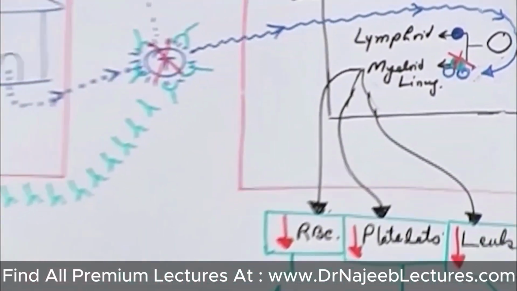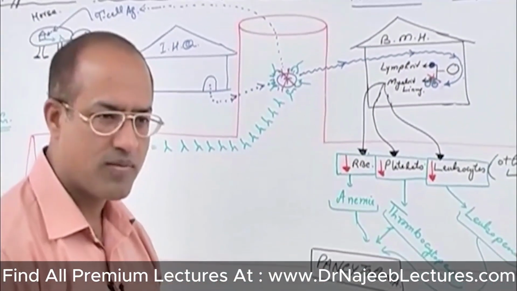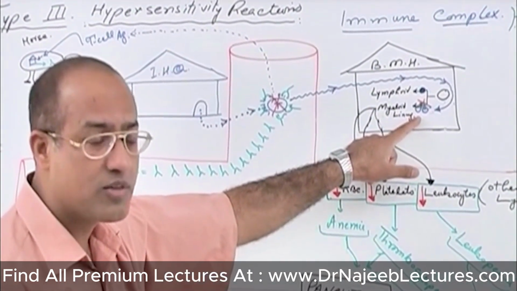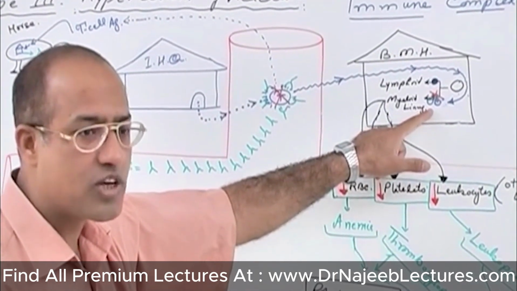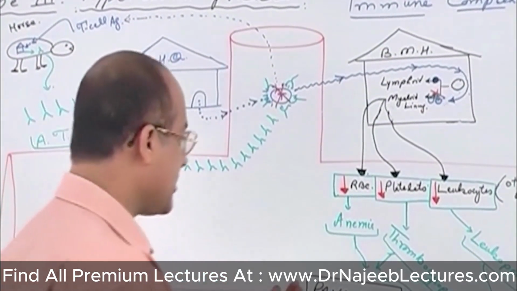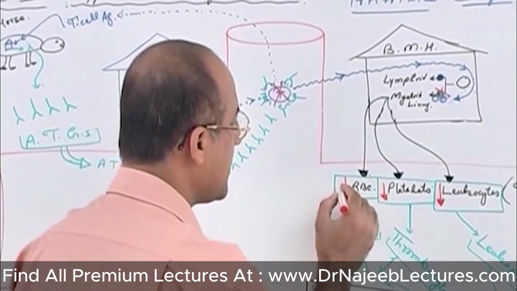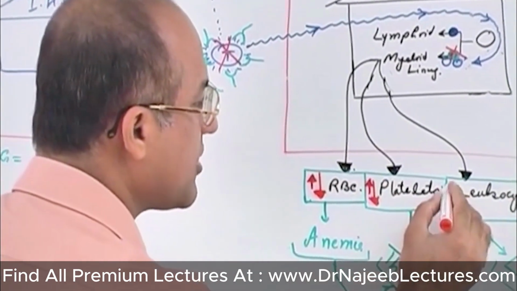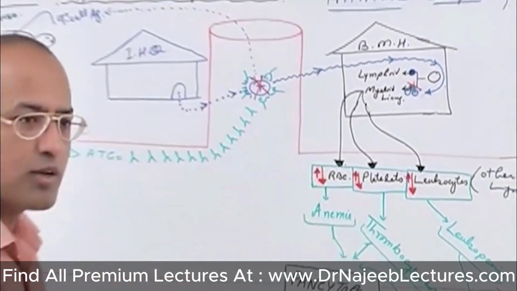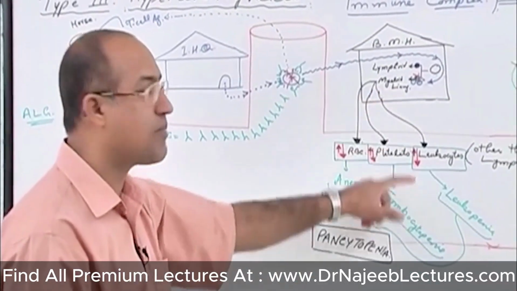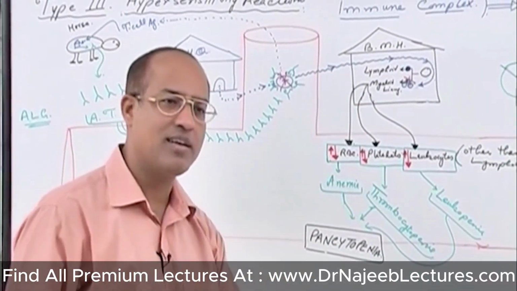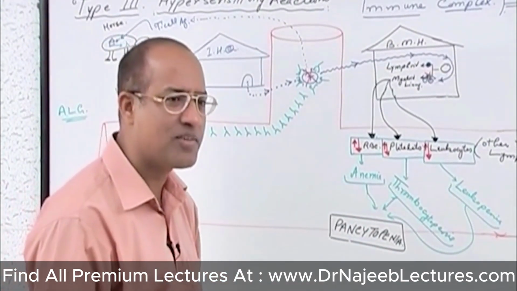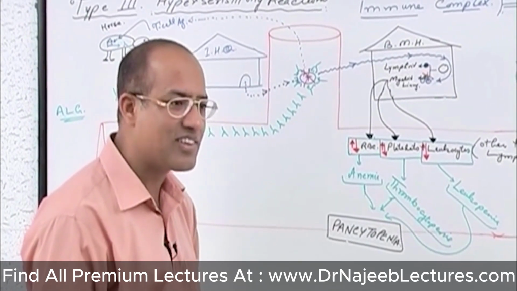The cells which were still alive will start proliferating, and the patient's RBC count, platelet count, and leukocytes will start going up. We say bone marrow will start recovering and the peripheral blood picture will also start recovering. Now, you must be thinking, where is our serum sickness? We did not talk about that yet.